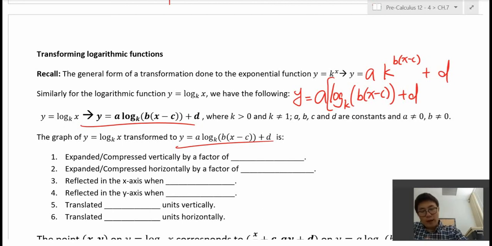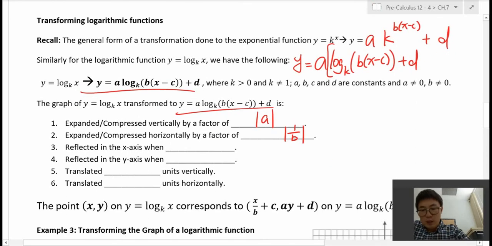Okay, so we would have a vertical expansion or compression by a factor of A, or absolute value of A. We would have expansion and compression horizontally by a factor of, recall this was 1 over b, absolute value of 1 over b, if we don't think about the reflections. Reflected in the x-axis when a is less than 0. Reflection in the y-axis if b is less than 0.